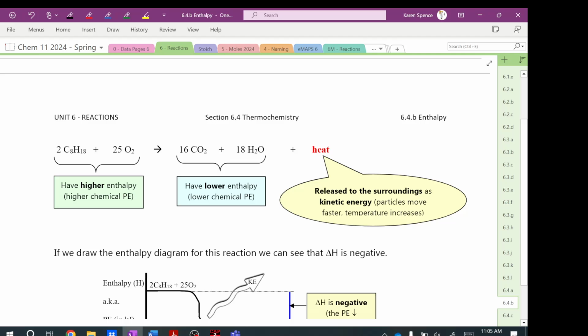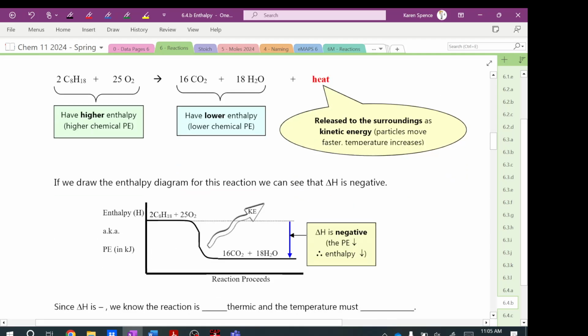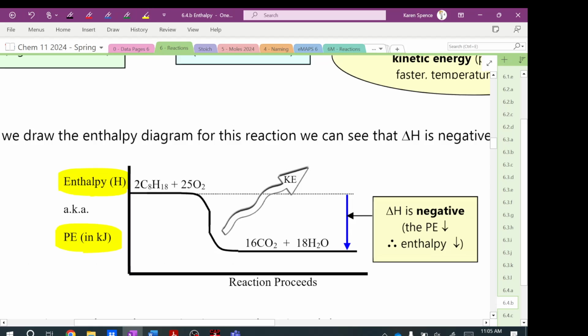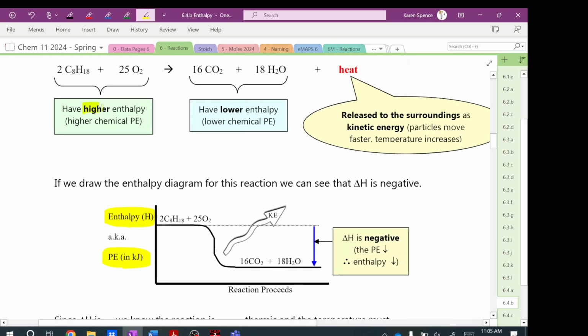So if we were to draw this, you'll notice this is basically the same diagram we had before. What is on the y-axis? Potential energy in kilojoules, although we could now call it the enthalpy. Up to you. You can actually label it both ways. The reactants have higher enthalpy, so they start up higher.